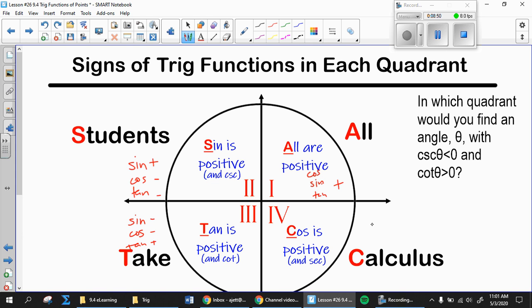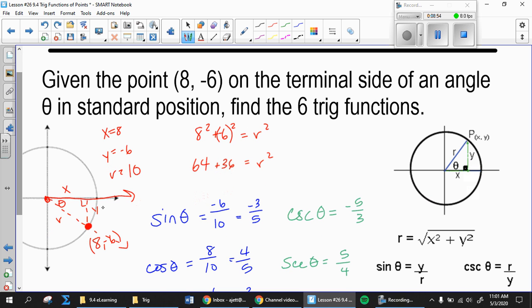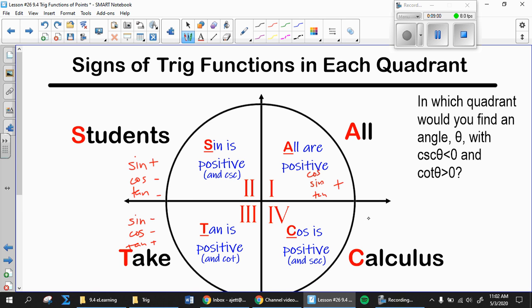And then the fourth quadrant, C for calculus, if we go back to this one here, the fourth quadrant, the only thing that was positive was cosine and secant. So here, sine is negative, cosine is positive, and tangent is negative. And so this All Students Take Calculus just helps us know which trig functions are positive in each quadrant.